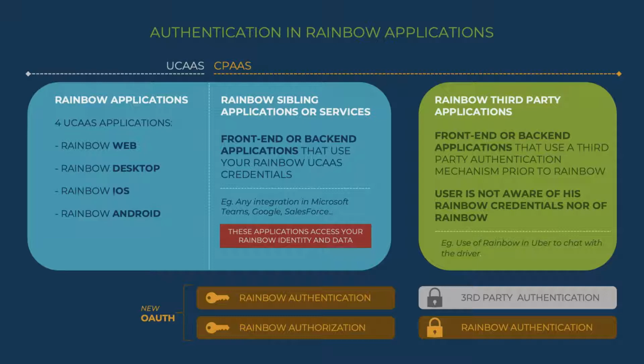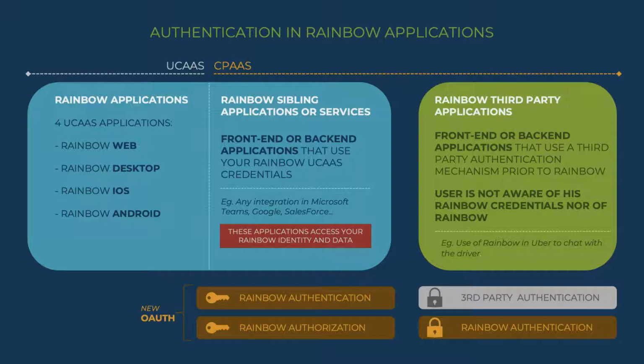This is the application where the user doesn't know that internally the application they use connects to Rainbow to bring the communication features. In this application, I will show you how to implement a secure way to connect to Rainbow without sharing your application secret. This will be the goal of the first demo.